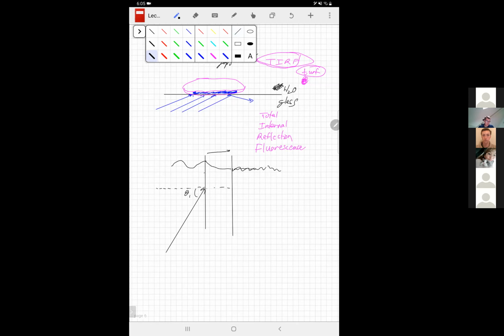So if this is comparable to the wavelength, or maybe half the wavelength, then some non-trivial fraction of the light can get through. And if a non-trivial fraction of the light gets through, then this is called frustrated total internal reflection, FTIR.